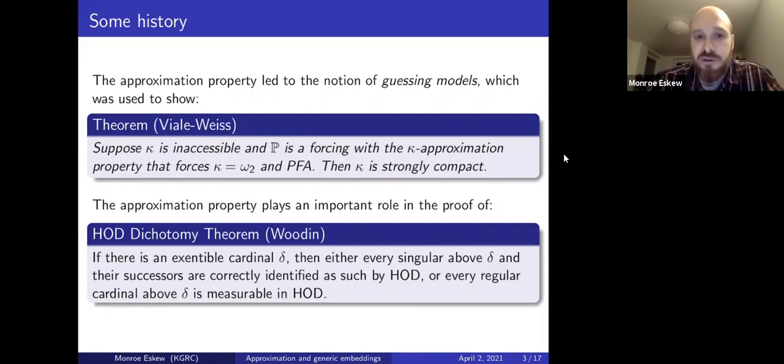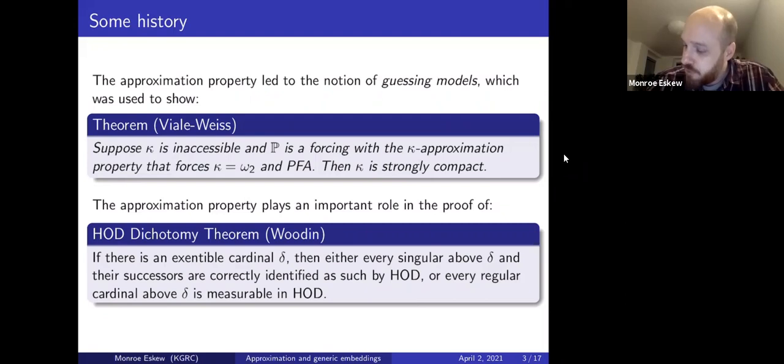It says that if you force PFA in a standard way, where the standard way can be the following: kappa is inaccessible, and you have a forcing with the kappa approximation property that turns it into omega 2 and makes PFA true, then kappa must have been strongly compact. Now, okay, I guess the proof of PFA assumes supercompactness, but it's close, right? Proof of the consistency.